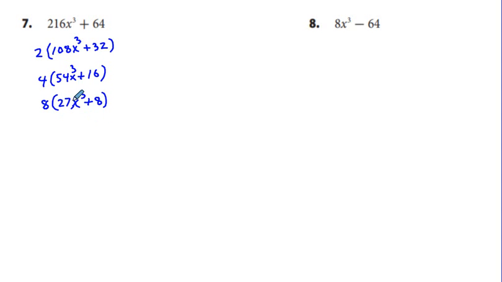And for this 27x cubed plus 8, this will be a sum of cubes, because the cube root of 27x cubed is equal to 3x, and similarly the cube root of 8 is equal to 2. So now we can go ahead and apply a sum of cubes.